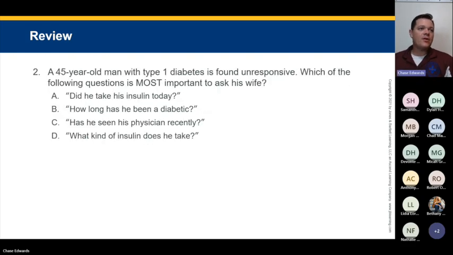All right, a 45-year-old man with type 1 diabetes is found unresponsive. Which of the following questions is most important to ask his wife? Hold your answers. All right, go ahead and answer them.